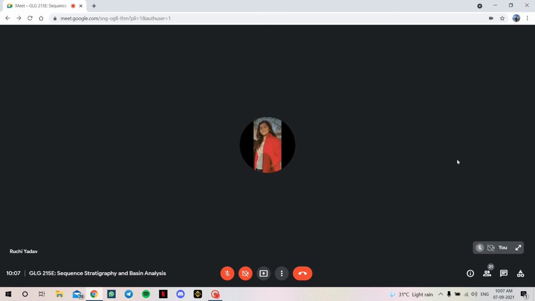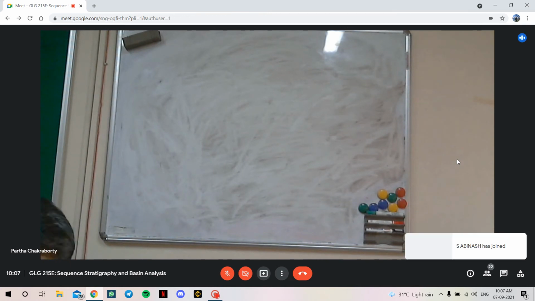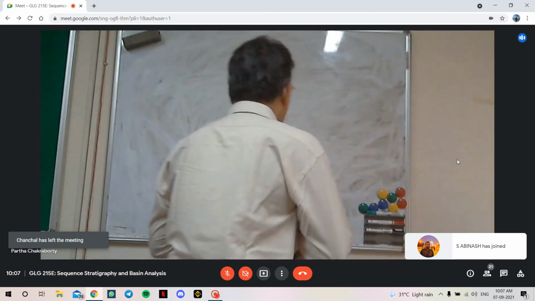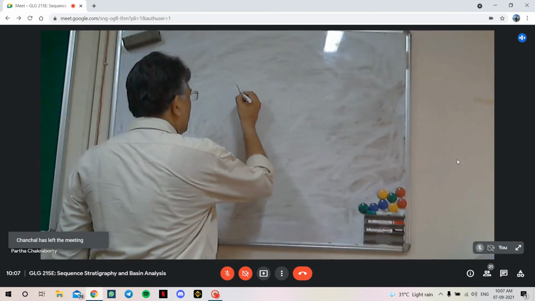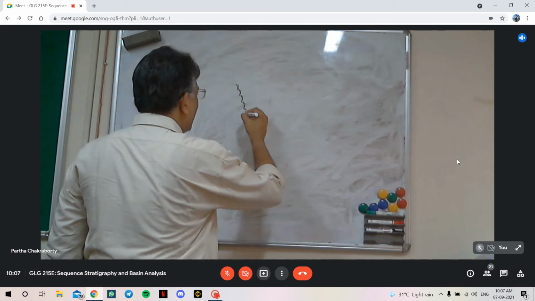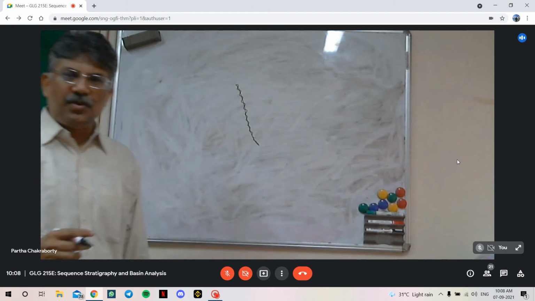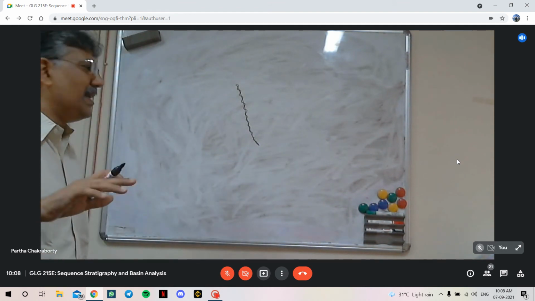Yes, sir. Then what you are getting is that, once you have that subaerial unconformity, at that time you are working in a falling base level, and all along this falling base level your unconformity is forming, because continuously the base level is falling.